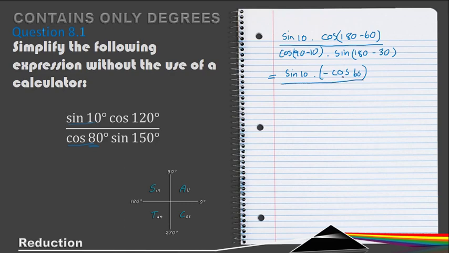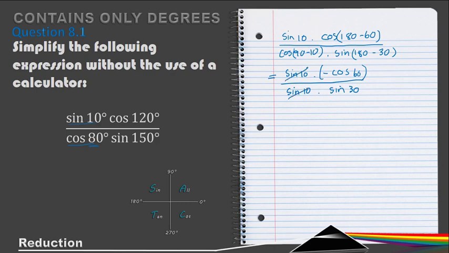And then cos 90 minus 10, so that's positive, but then cos 90 will change it into its co-ratio, so this becomes sine 10 times sine 180 minus 30. 180 minus is in sine's quadrant, stays positive, it becomes sine 30.